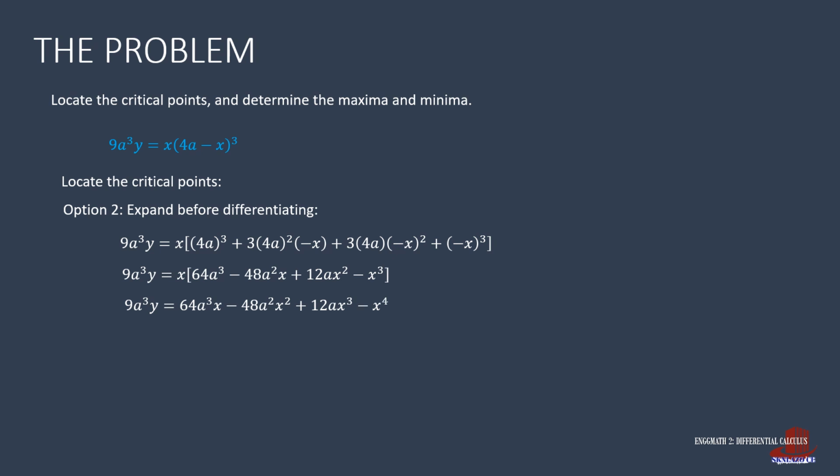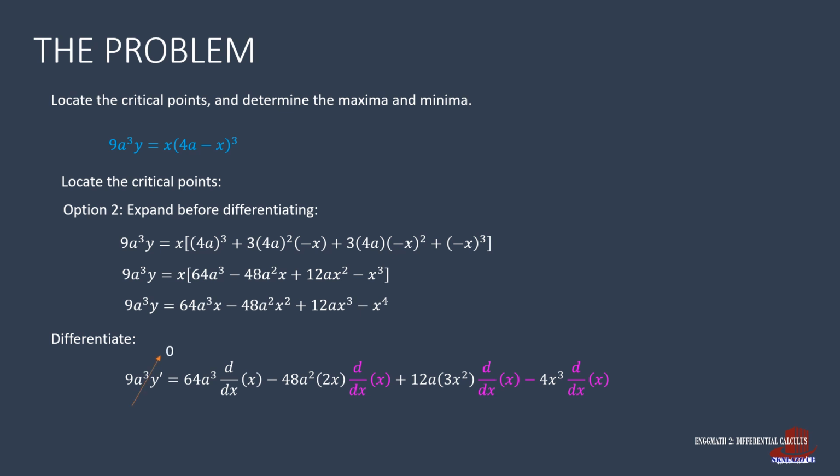The terms are now easier to differentiate, making 64a cubed times d over dx of x minus 48a squared times 2x with d over dx of x. Then the third term is 12a times 3x squared with d over dx of x minus 4x cubed times d over dx of x.